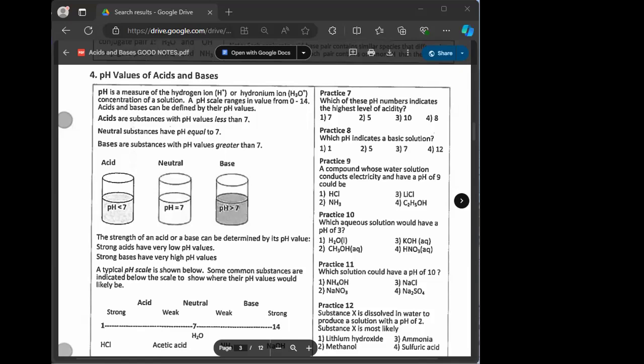Okay, and then acids are substances with pH values less than 7. Neutral substances have a pH equal to 7. And then bases have a pH greater than 7.